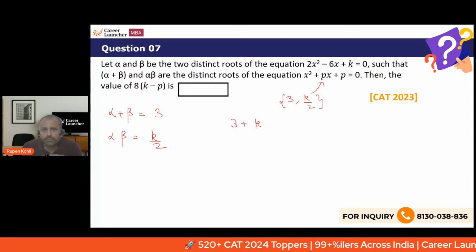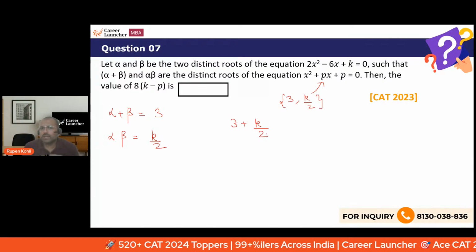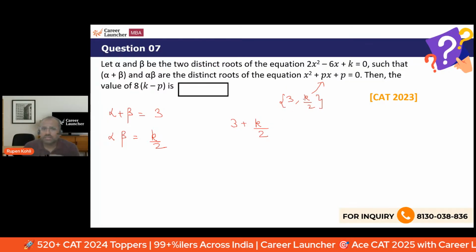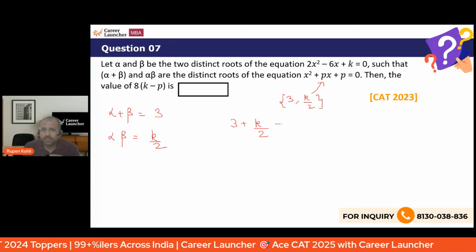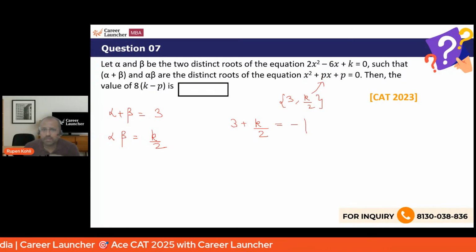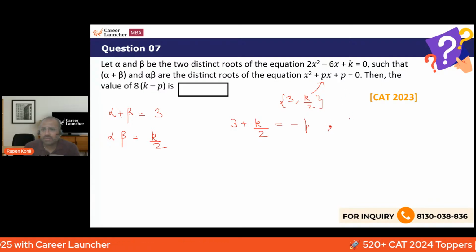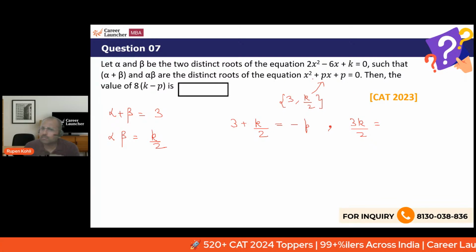That's the way to go. So we have just got rid of our alpha and beta expression. So the sum of the roots, which is 3 plus k by 2, should equal minus b by a, which is minus p over here. And the other equation we can write is the product, so 3 into k by 2, so 3 by 2 of k is p.